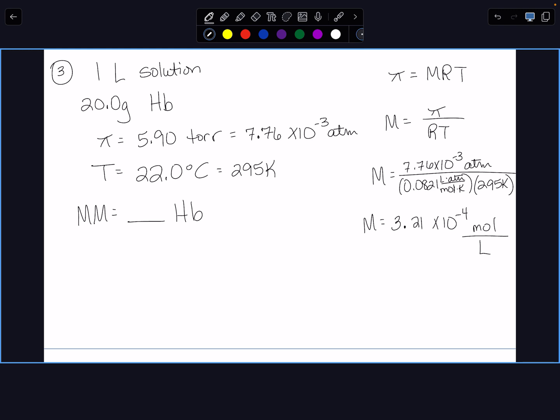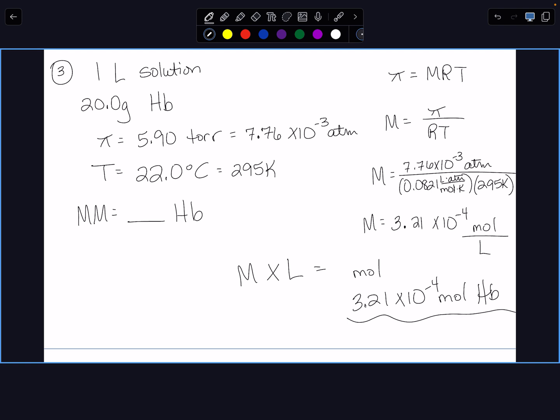So do you guys agree that the molarity times the volume in liters will give me the moles? I have the molarity, 3.21 times 10 to the minus 4 moles per liter, times 1 liter. So don't I know that I have 3.21 times 10 to the minus 4 moles? Moles of what? Moles of hemoglobin.